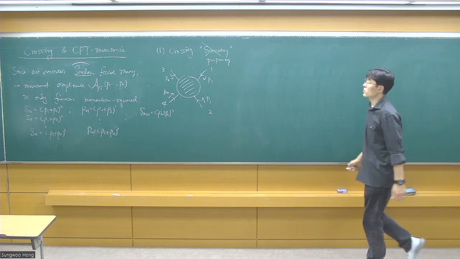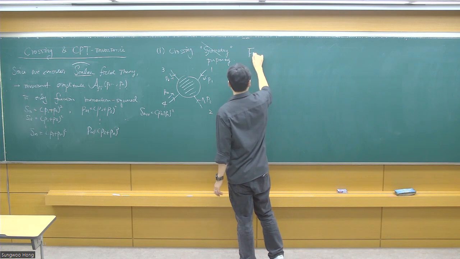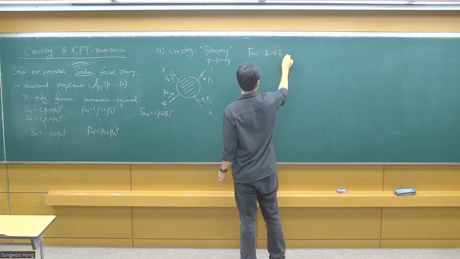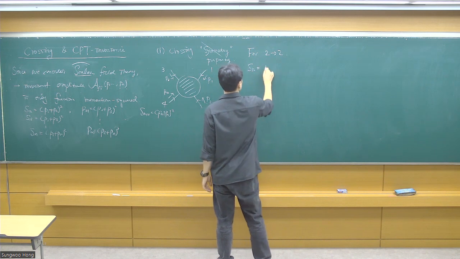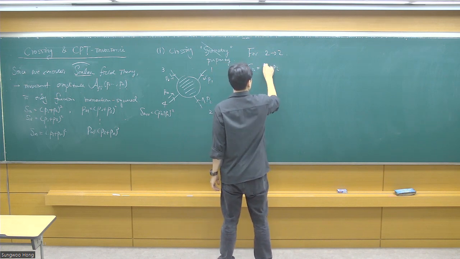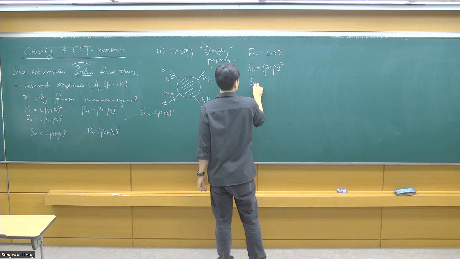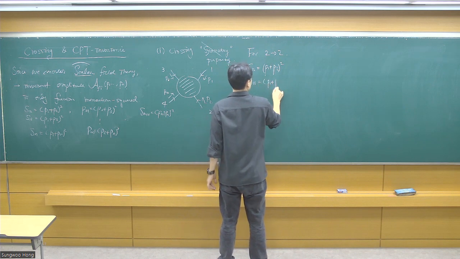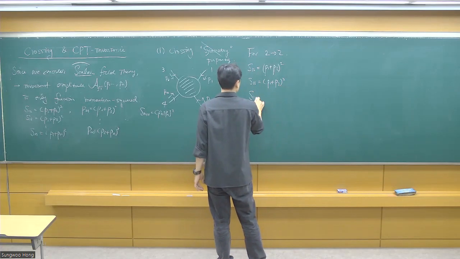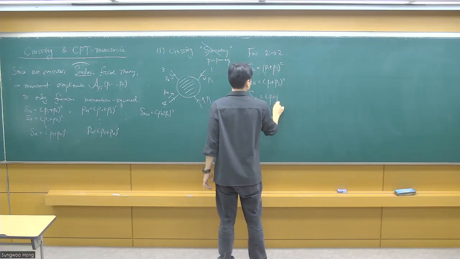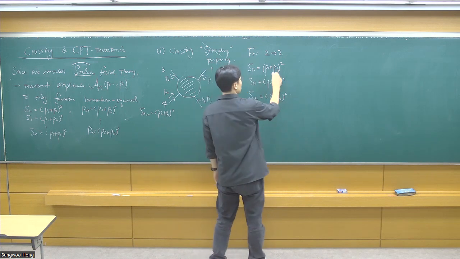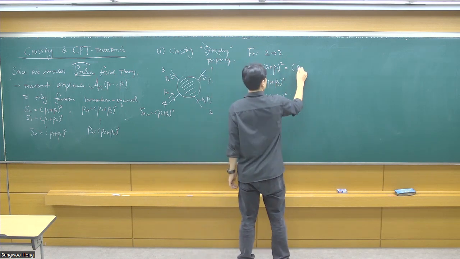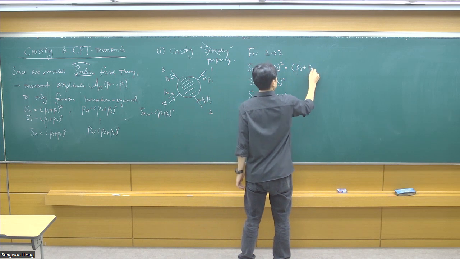So in the case of 2 to 2, there are special names. Let's list what the possible things are. I can write down (p1+p2) squared, (p1+p3) squared, (p1+p4) squared. But by momentum conservation, p1 plus p2 should be equal to what? p3 plus p4.